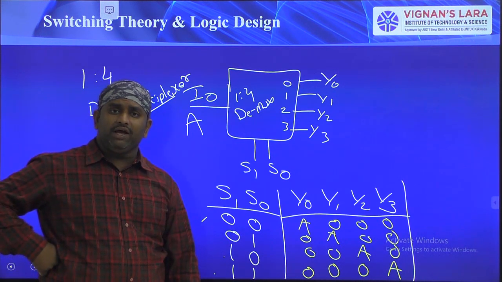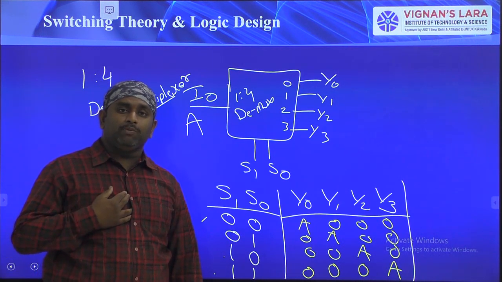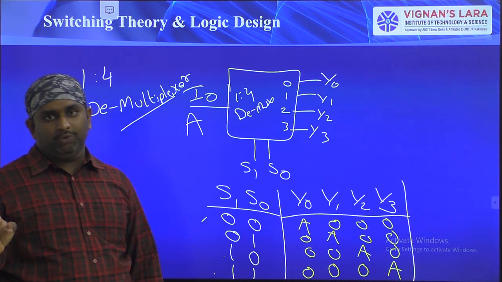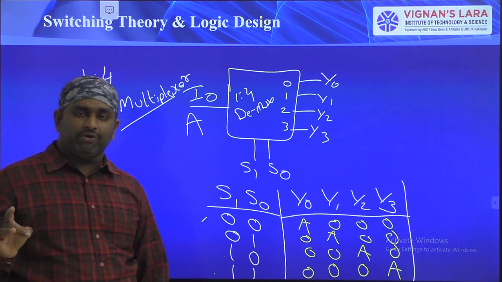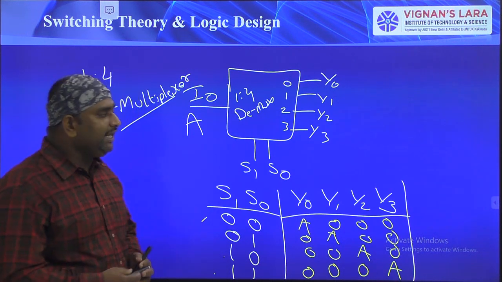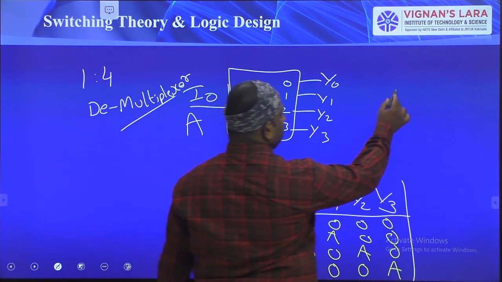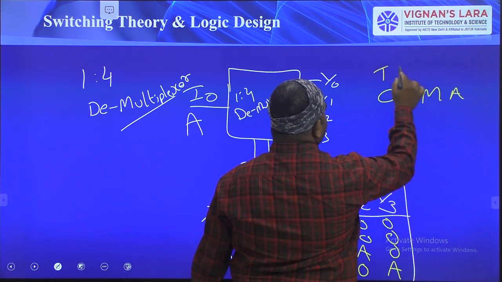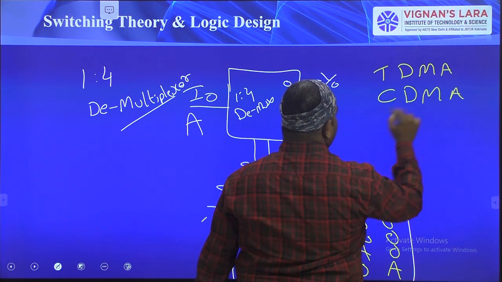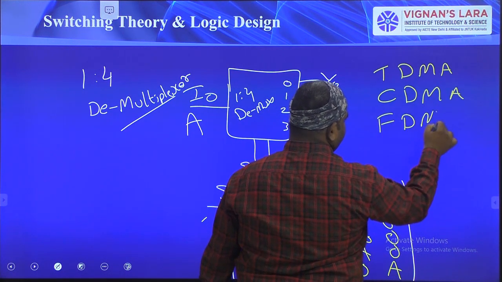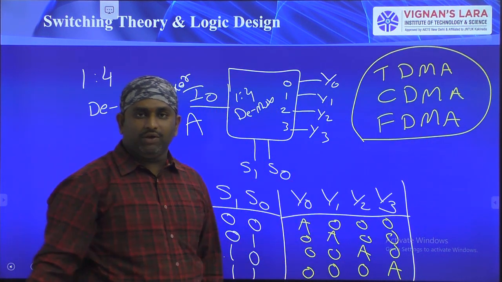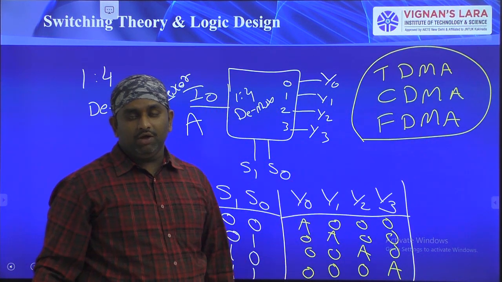In cellular mobile communication, we have the technologies GSM communication and CDMA communication. For GSM technology, we are using TDMA and FDMA techniques. So these are the three technologies presently we have in mobile communication.